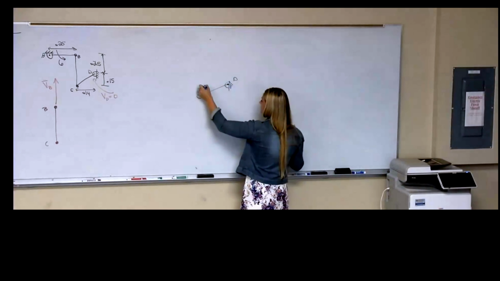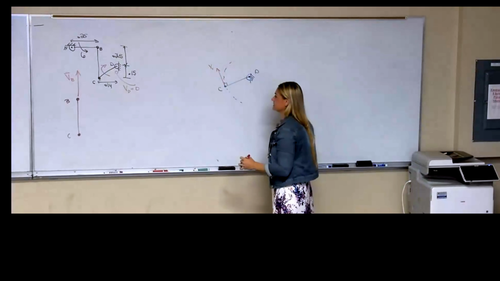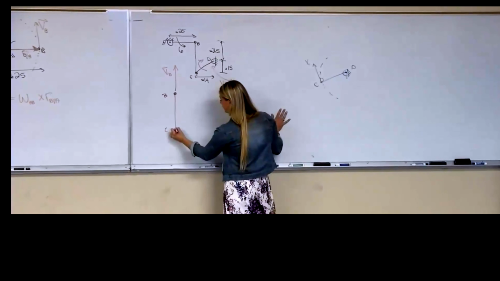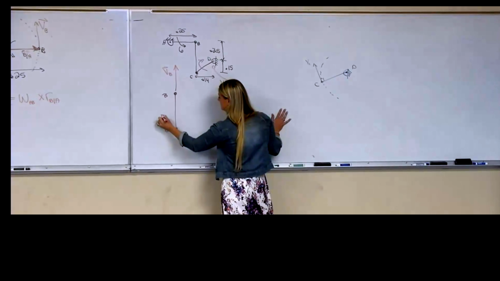Now, if my mechanism is being lifted up here, I'm assuming this is going that way. So I'm going to say that my velocity vector of C is perpendicular to the position vector and tangential to the curve. So now I can go back here and say that it is kind of like that.